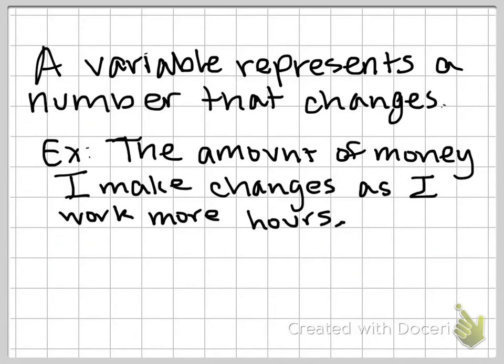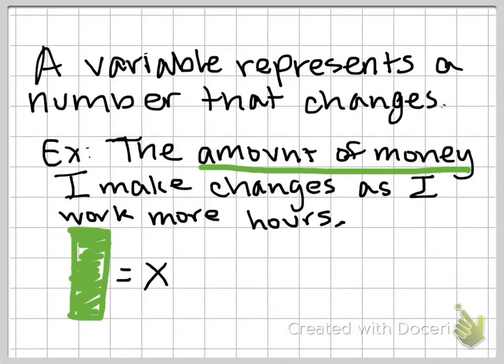So what's changing here the most? Let's just look at one thing that's changing here: the amount of money. So I could say that I make $15 an hour. My money is changing based on how many hours I work.